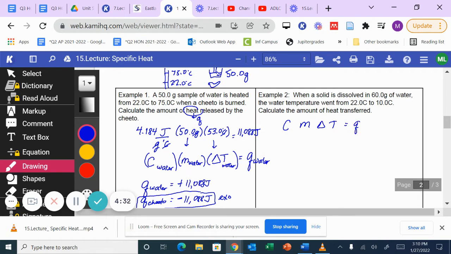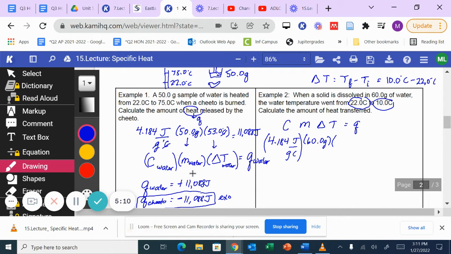Q is the heat that's transferred. This is going into the water, so we're going to use water again. 4.184 J over g°C is the specific heat of water. The mass of water is 60.0 grams. The change in temperature, delta T, is equal to T final minus T initial. The final temperature is 10.0 degrees Celsius, and the initial is 22.0 degrees Celsius.